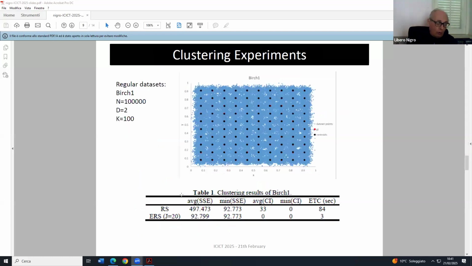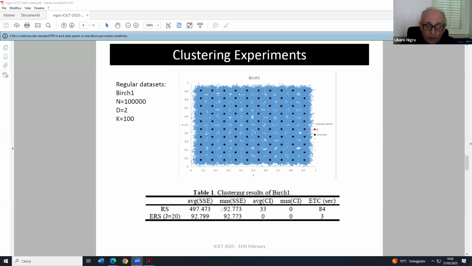Now, to show what we have done with our tool, these are some data sets we have chosen to check the features of evolutionary random swap. This is a regular data set because it is composed of spherical clusters, but it is not trivial because it has 100,000 points in bidimensional space, and also it has 100 clusters.